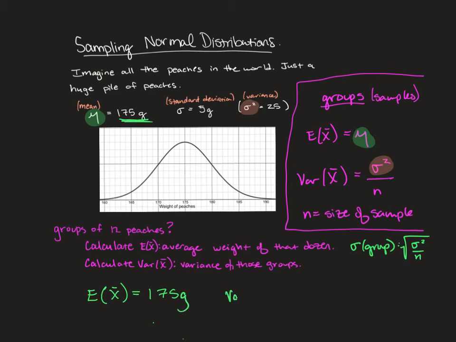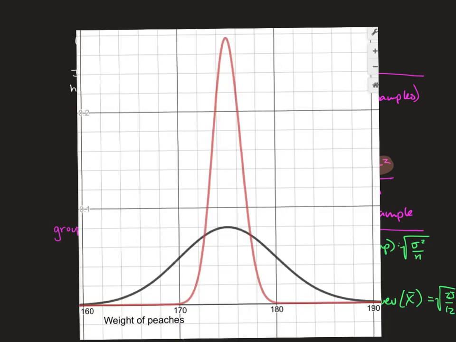And then the variance, so how spread out is this going to be? I would take my original variance, which is 25, and divide it by 12 because I have 12 peaches, that's my n. And this would be my variance. The standard deviation of that sample would be the square root of 25 over 12. So that would look like this.